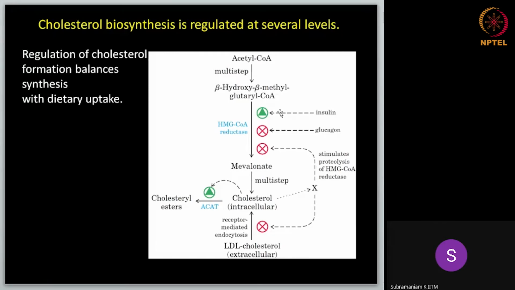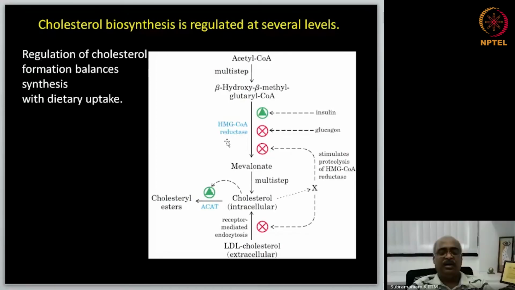In addition, by stimulating HMG-CoA reductase, by dephosphorylating this enzyme, it stimulates cholesterol biosynthesis as well. So essentially, glucose is being taken up and anabolic reactions of lipid biosynthesis are stimulated.